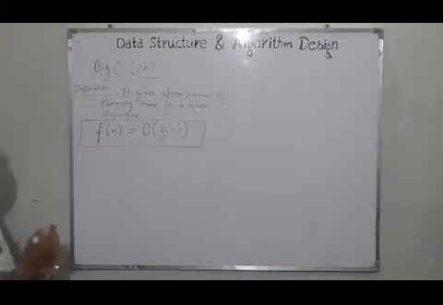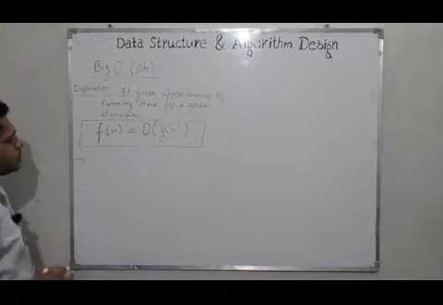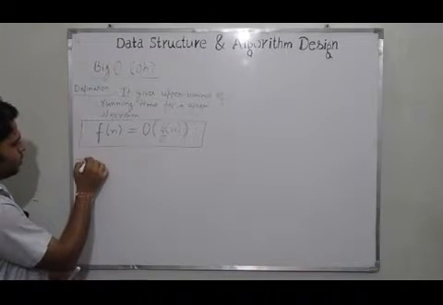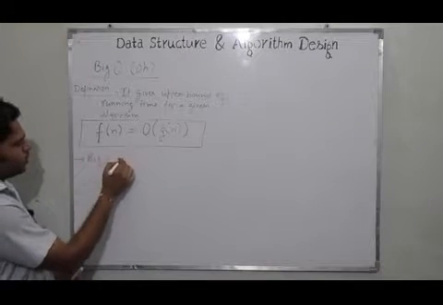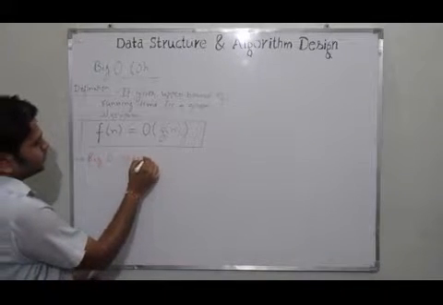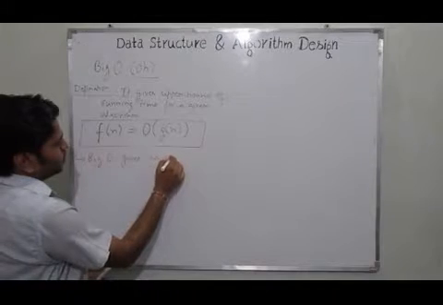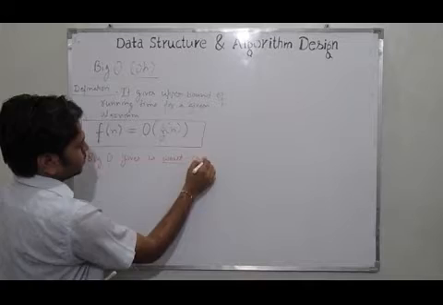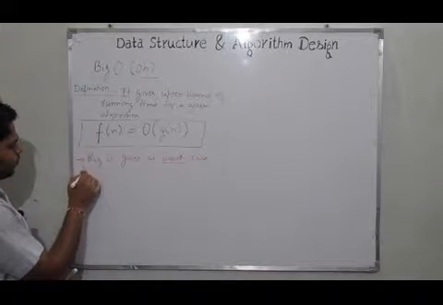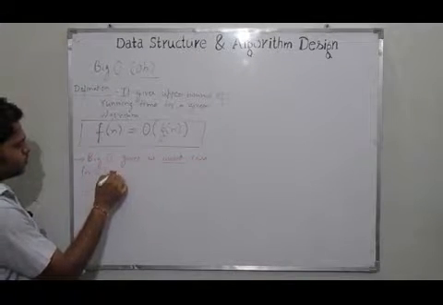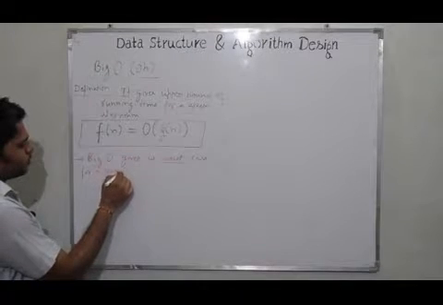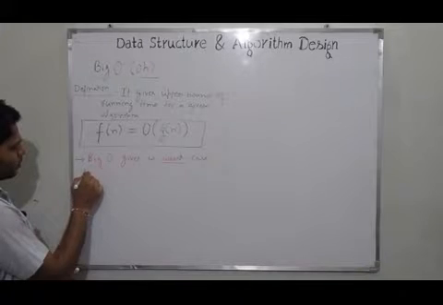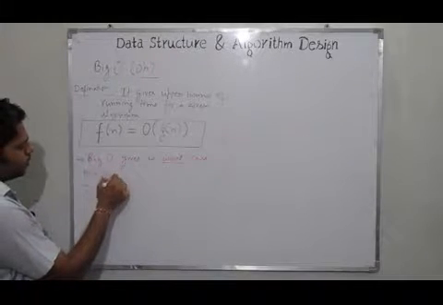So, what is the idea of this? The idea is simple, that big O gives us the worst case time for a given algorithm.